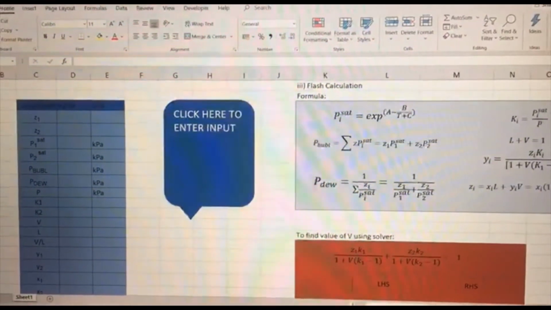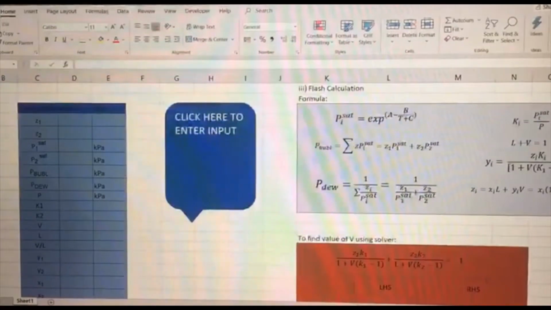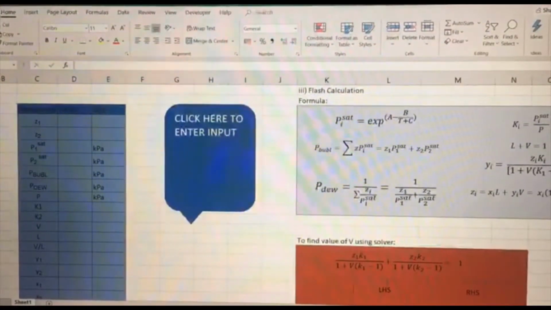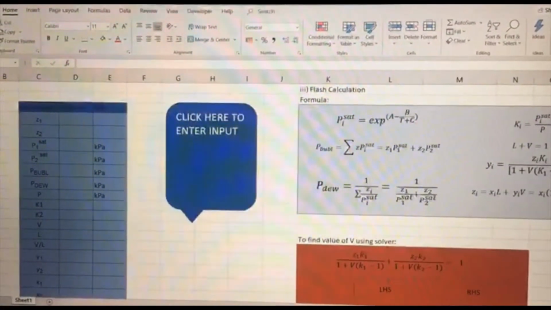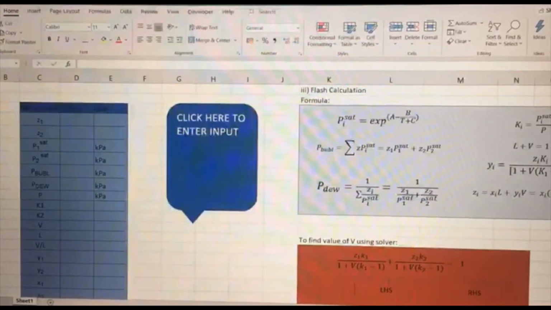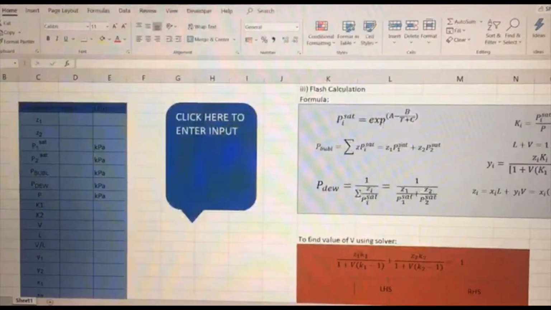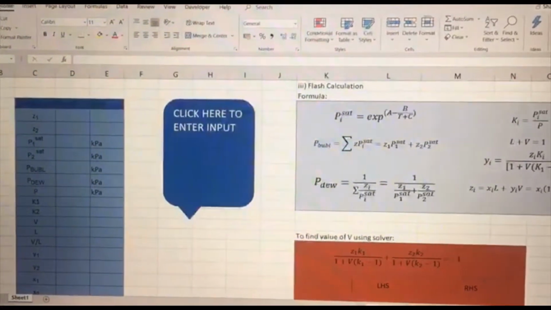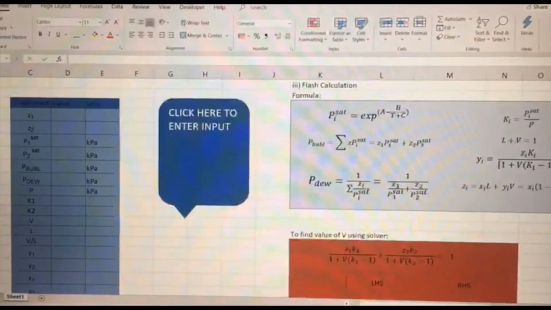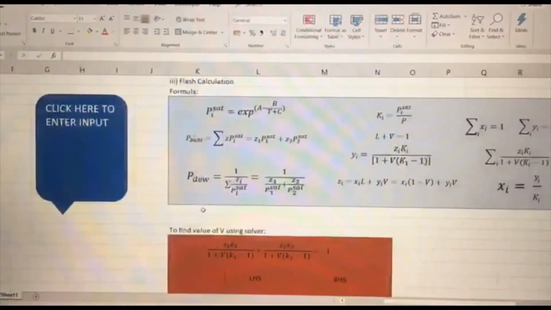For part A3, we have three things to calculate: first, the mole fraction vapor over liquid, Ki; second, the vapor composition, Yi; and last, the liquid composition, Xi. These are the formulas that will be used in this program.